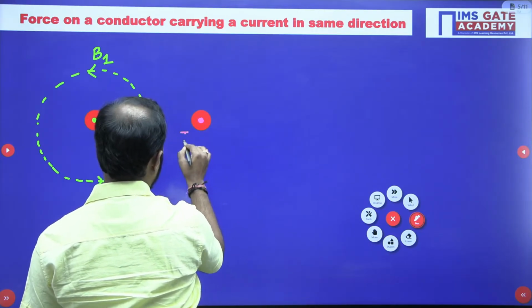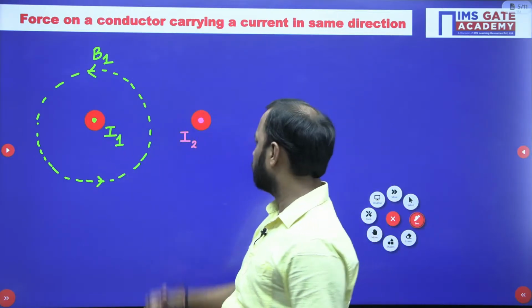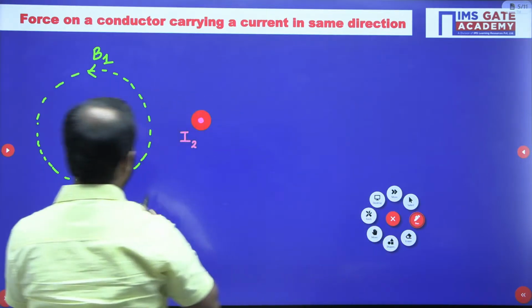So the current here is I2, and again what is the direction? Everybody see, outward, then it will curl in anti-clockwise direction.